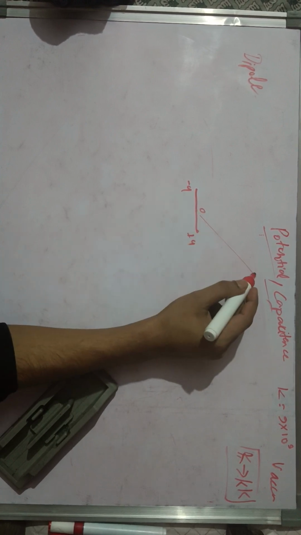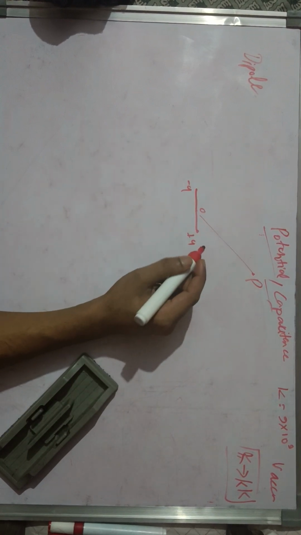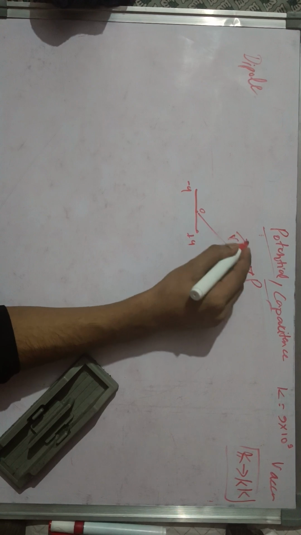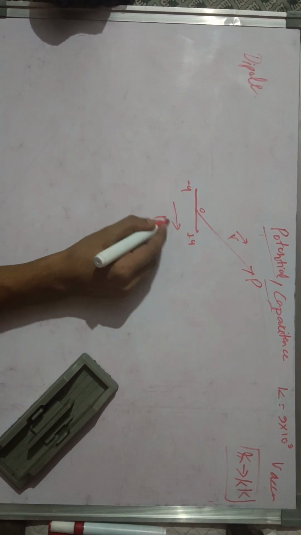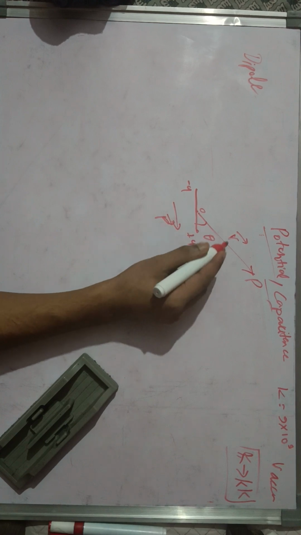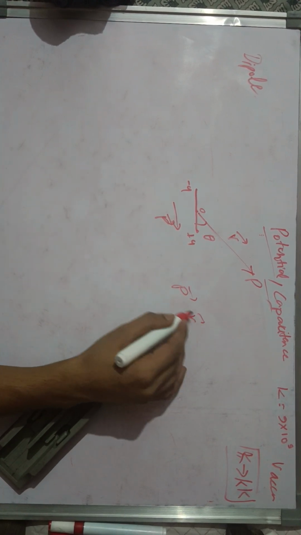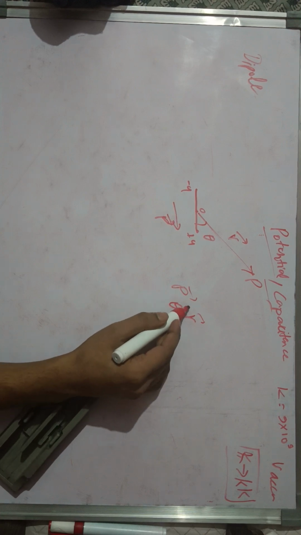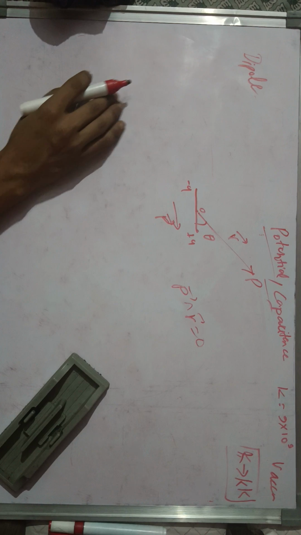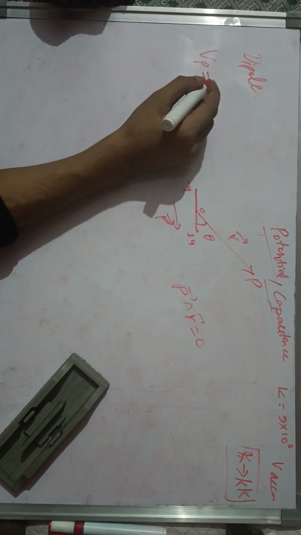Let's say there is a random point P in space, then the position vector from this center to point P is the r vector, and this is the dipole moment vector, and the angle between them is theta.